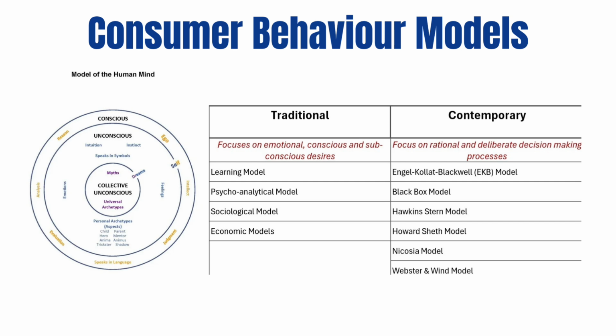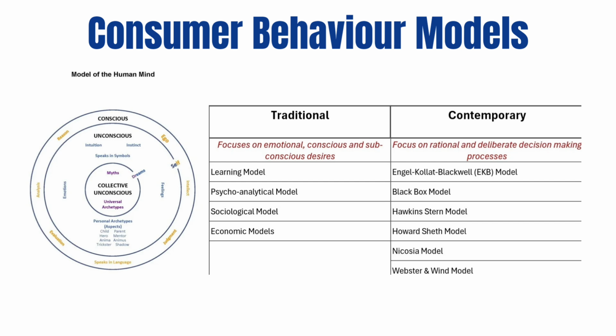It's like concentric rings, which constitutes the conscious part of the mind, which is the reason, analysis, evaluation, judgment, etc., followed by the unconscious and the preconscious part of the human brain, that is the intuition, instinct, how to speak in symbols, emotions, feelings, personal archetypes, etc. And then comes the collective unconscious, which is the dreams, the myths, and the universal archetypes.